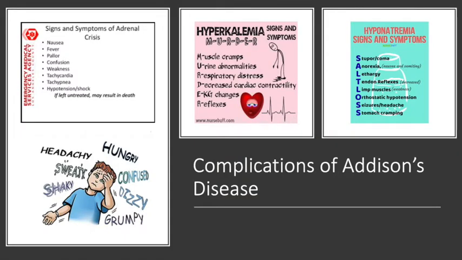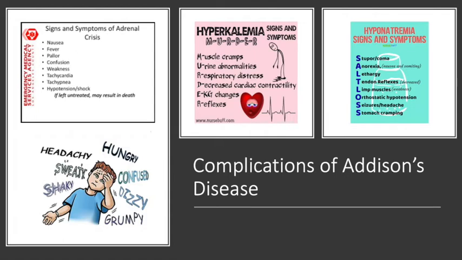There are a couple different complications that can occur because of Addison's disease. An Addisonian crisis is a complication that can result due to Addison's disease. It is characterized by an acute drop in adrenocorticoids being produced by the adrenal cortex. Addisonian crisis may be caused when the patient suddenly discontinues taking glucocorticoid medications or can be induced by severe trauma, infection, or stress.